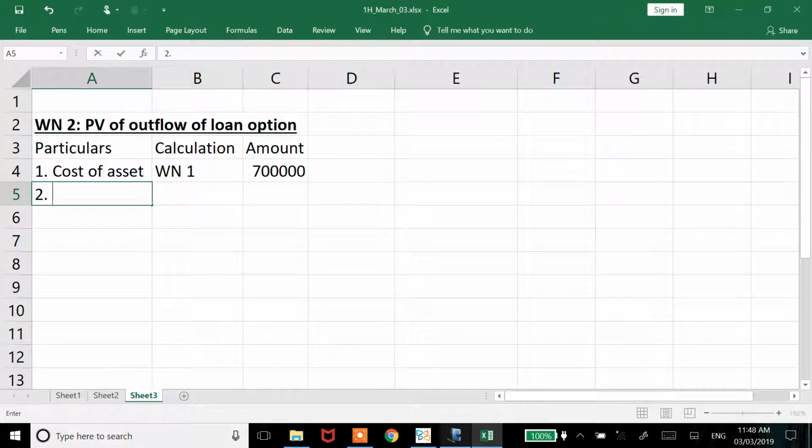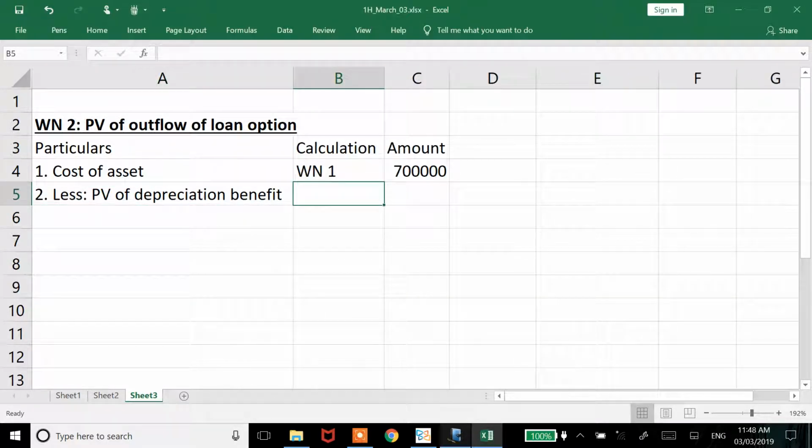Point number 2, less present value of depreciation benefit. Listen, in case it's WDV, do a separate working note and you'll have to calculate depreciation every year. Good part is it's SLM. Can you tell me what will be depreciation every year?